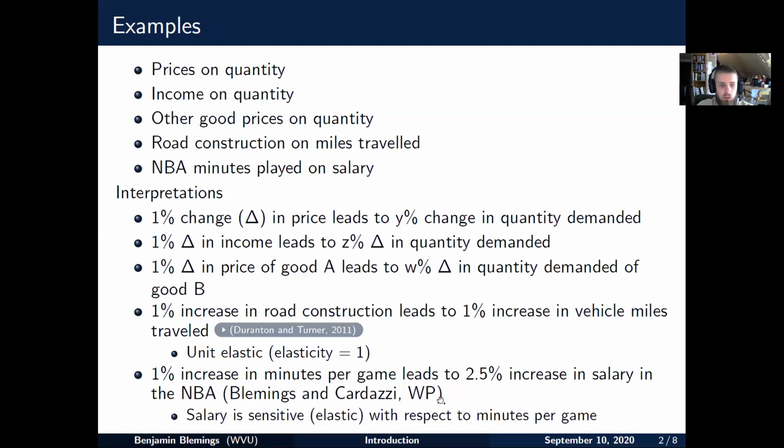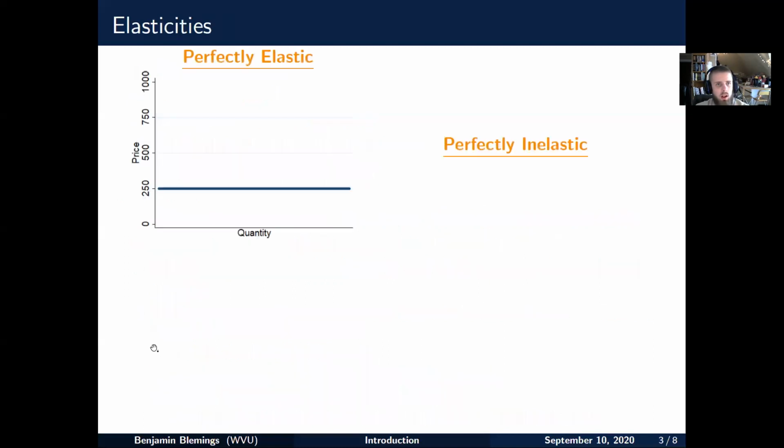Or a different one in the literature that I'm working on now is a 1% increase in minutes per game played in the NBA leads to a 2.5% increase in salary in the NBA. And so that just says that salary is very sensitive to the minutes per game, or the amount that you're utilized. And so those are kind of like math or wordy definitions.